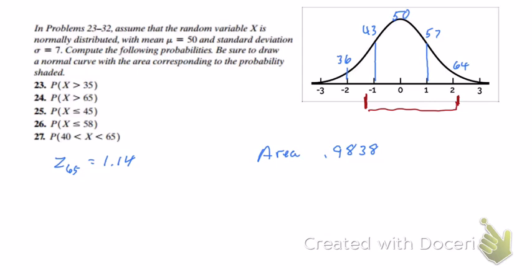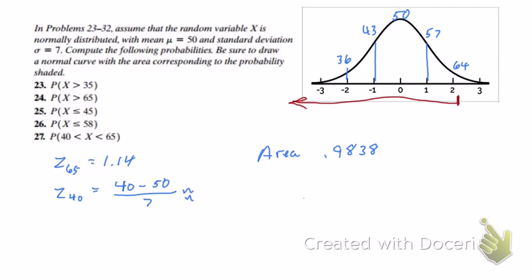Okay, so what I'm doing is I'm saying I'm getting the area from here back. That's what that 0.9838 represents. And then I'm going to find the z-score of 40. And so what I have to do, I've got to actually plug that in and find it. And what do I get?